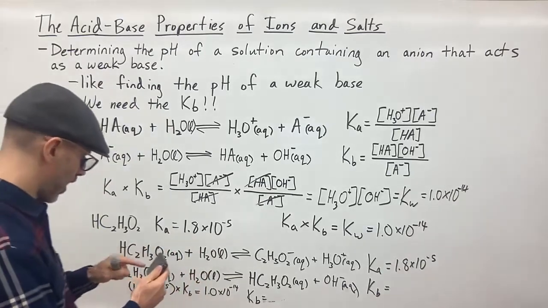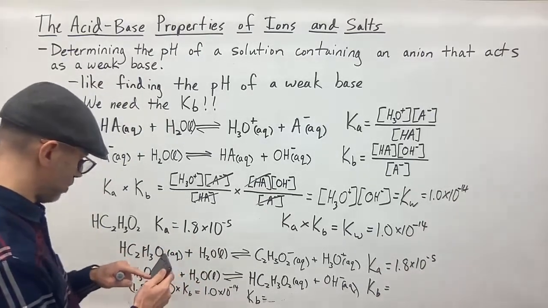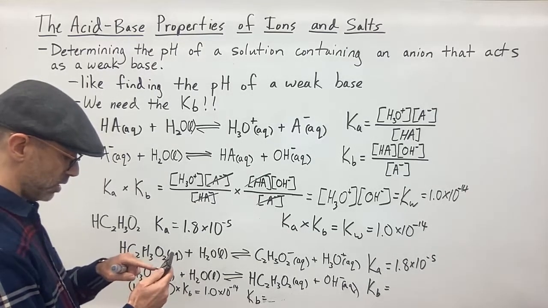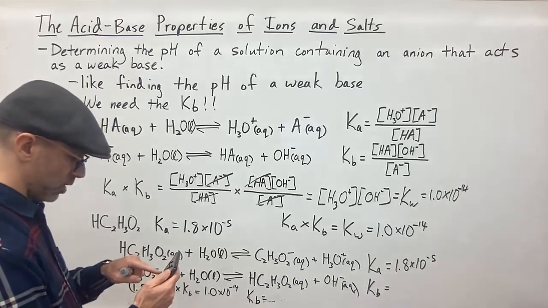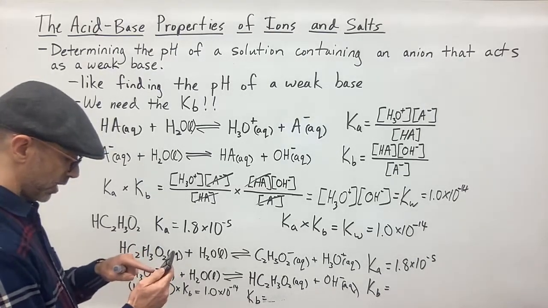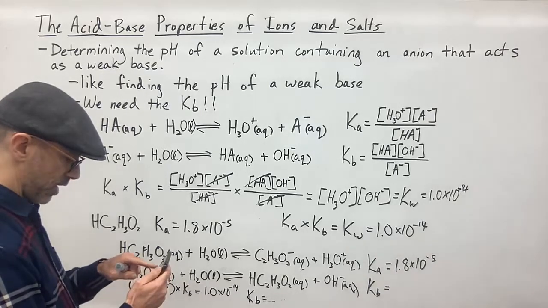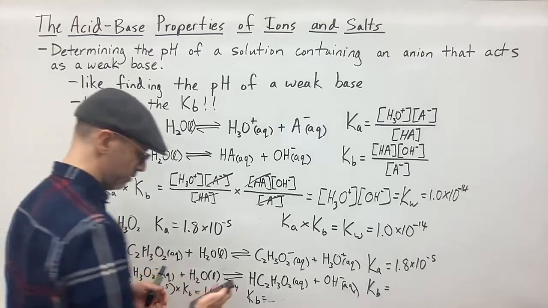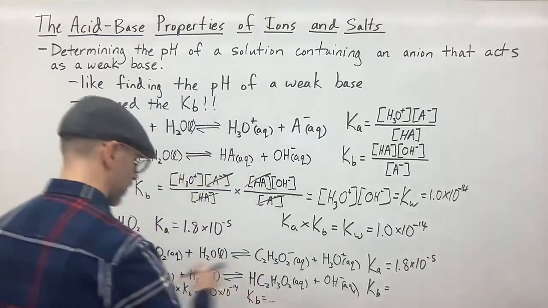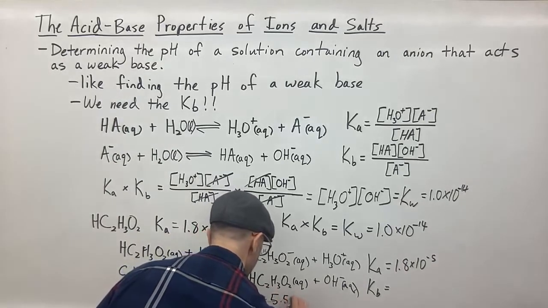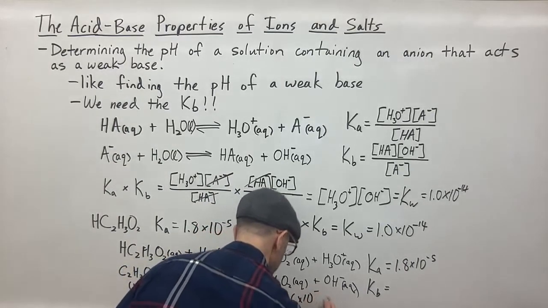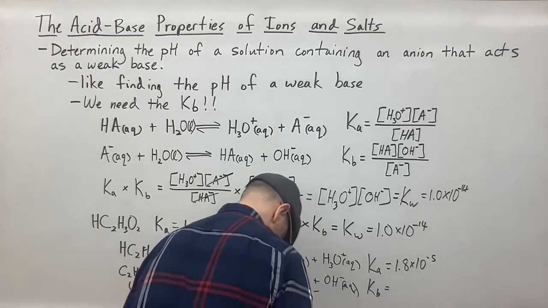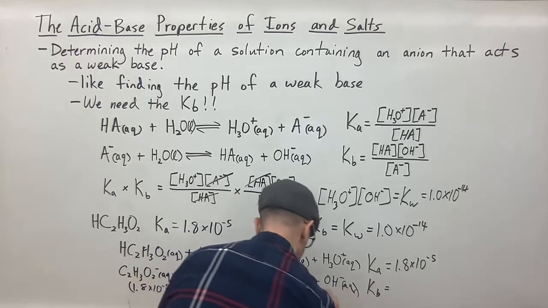We have 1.0 times 10 to the negative 14 divided by 1.8 times 10 to the negative 5 equals, and I get 5.55, so then I end up with 5.56 times 10 to the negative 10.